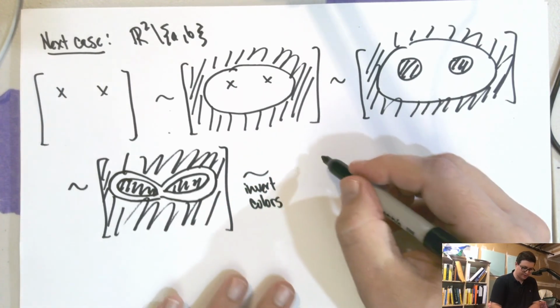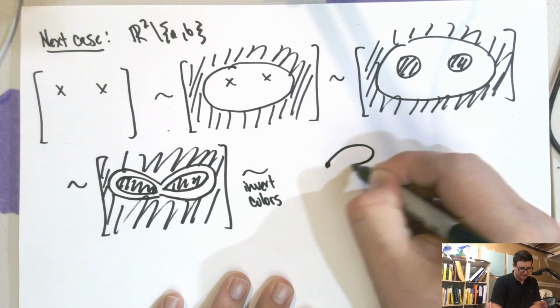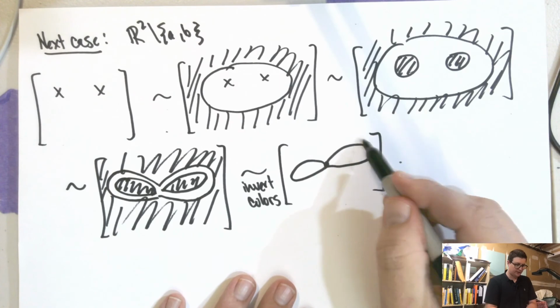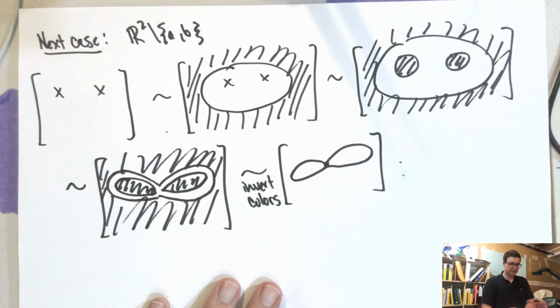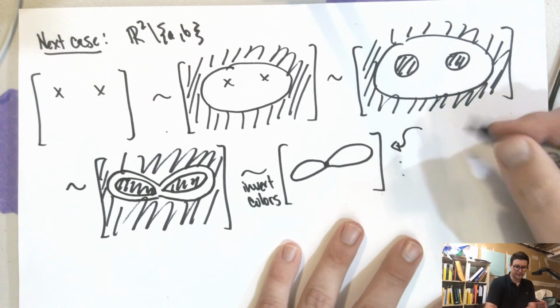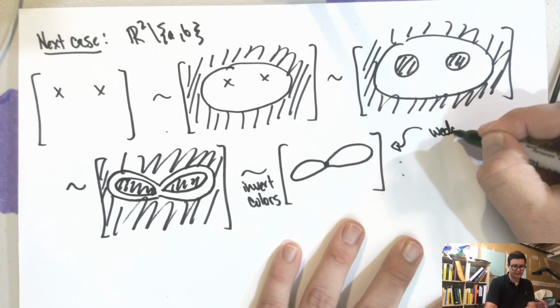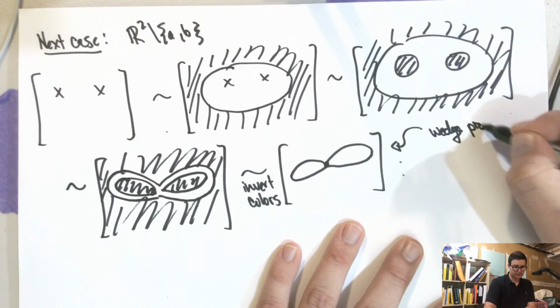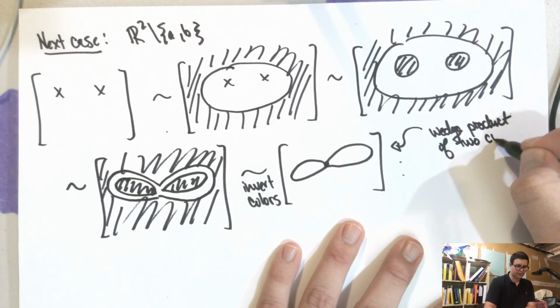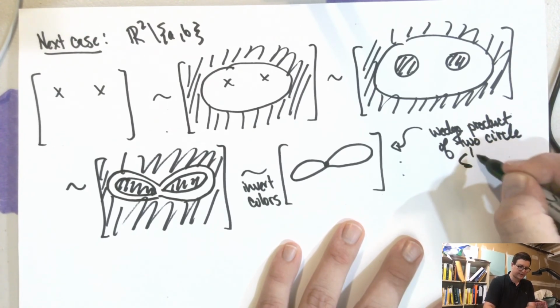And when we invert colors, what do we get? We get this thing and this thing. So it's like a circle and another circle, okay? And this has a name. The fancy name for this is the wedge product of two circles. So it's two circles with the 2 points identified.